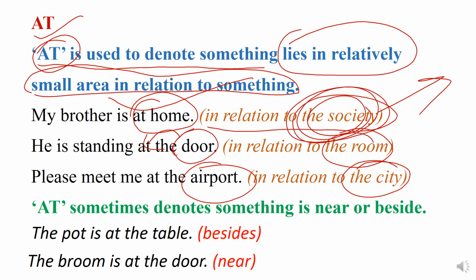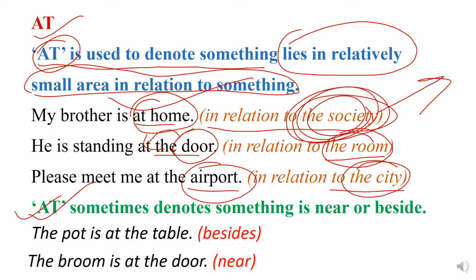For example, at home in relation to society, at door in relation to the room, at airport in relation to the city. Sometimes at denotes something that is near or beside.